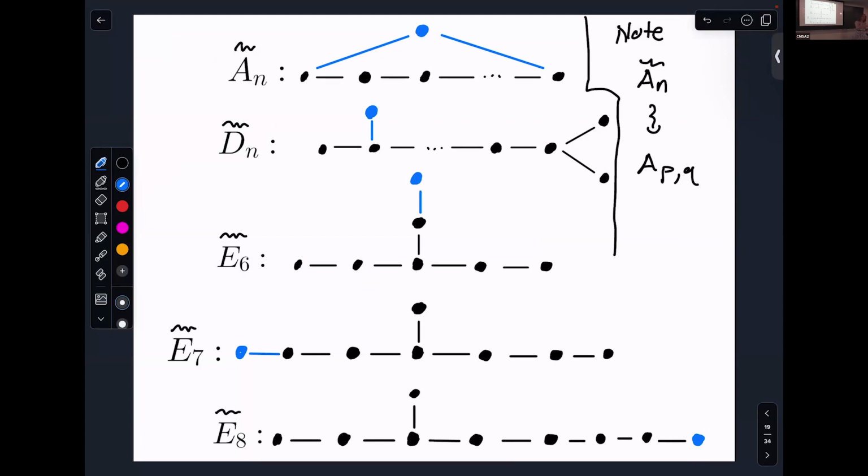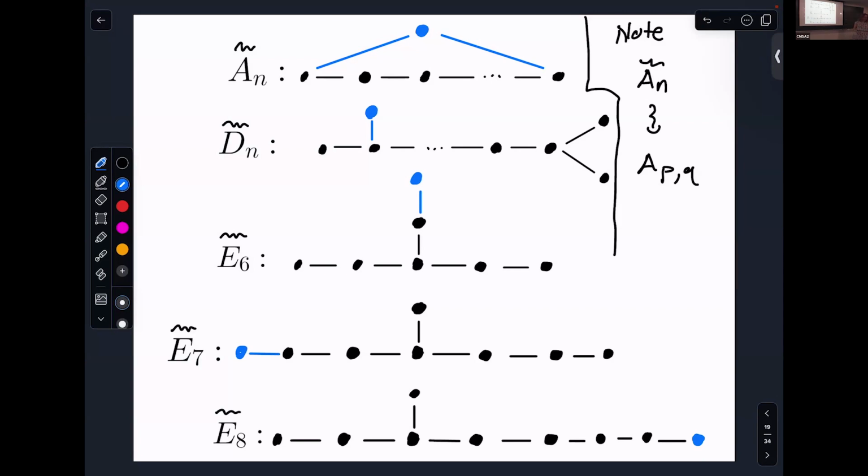So back when I showed before, the regular ADE Dynkin diagrams are exactly the graphs that don't contain a cycle, that's A_N affine. They don't contain 2 trivalent vertices, that's D_N affine, or a vertex of degree 4, that would be D4 affine, or a trivalent vertex with lengths determined by these. So at most, no length 3s from each, or no 2 things of length 4, or no thing of length 6.